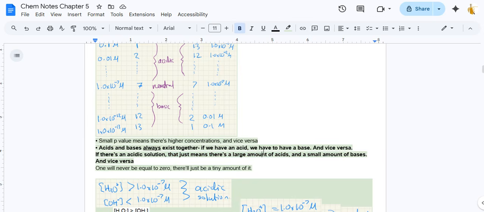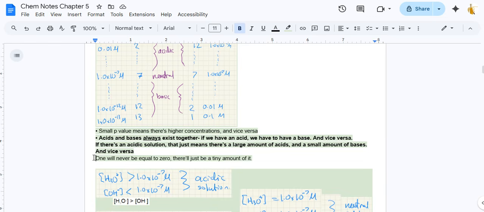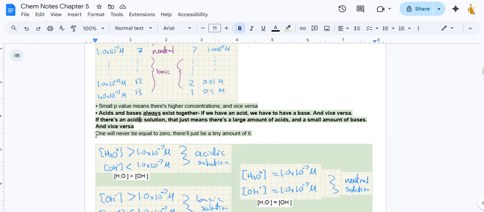So acids and bases will always exist together. Even in the most acidic solution, that just means that there's only a tiny amount of bases, and vice versa. So there will never be a scenario when an acid is 0 or a base is 0.